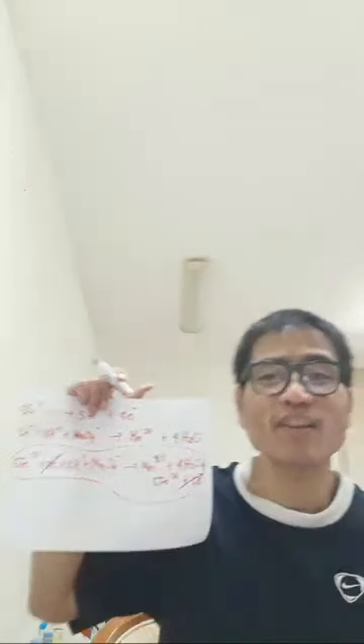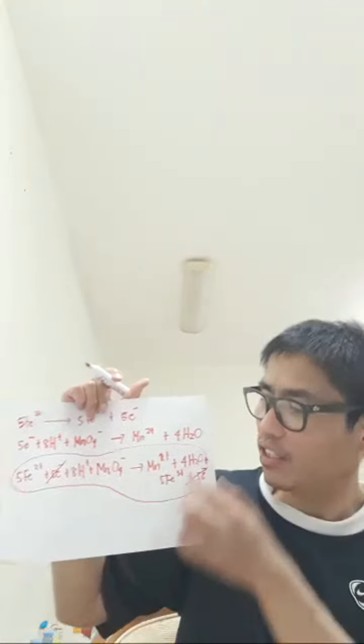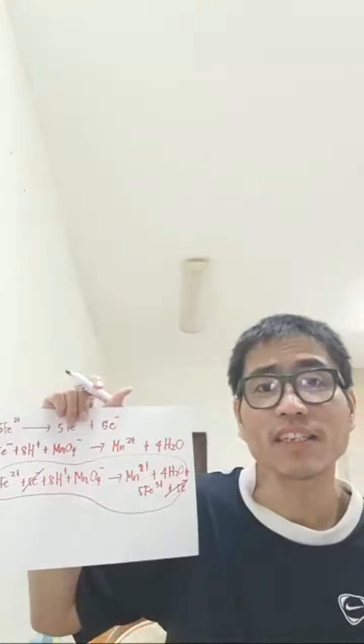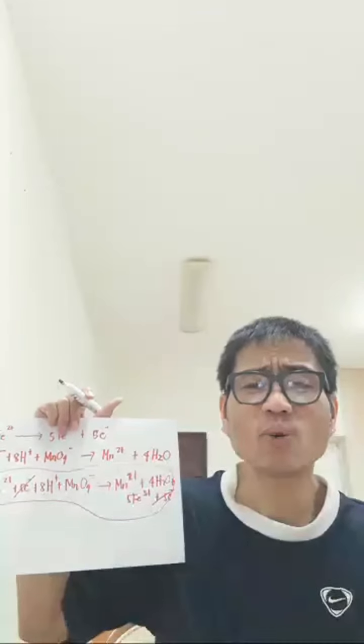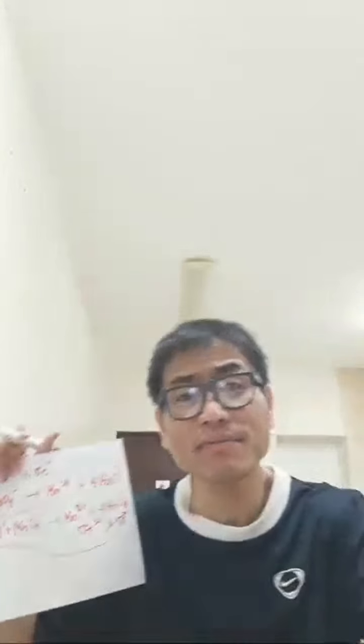This is an identification of an acid. And the water also on the other side. Okay? Because an acid always has water to add with it. Okay? Like that. Okay, so that's it. So that's 5Fe2 positive, 8H plus, permanganate, and Mn2 positive plus 4H2O plus 5Fe3 positive. That's it.